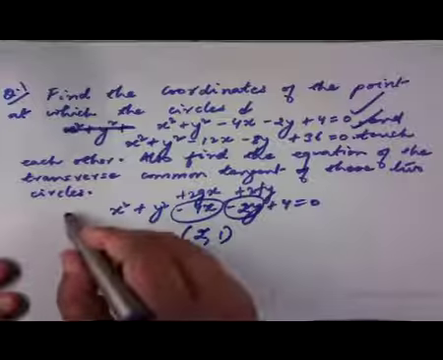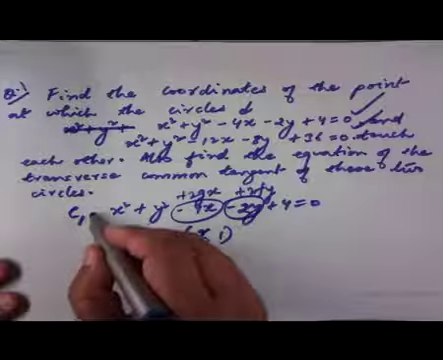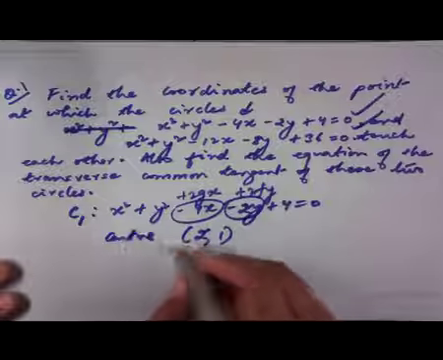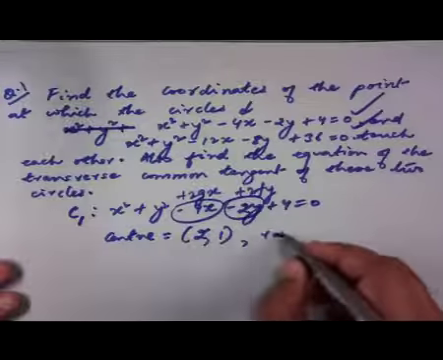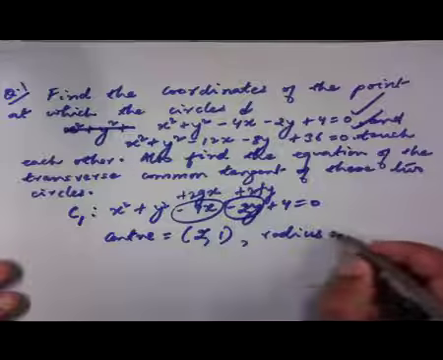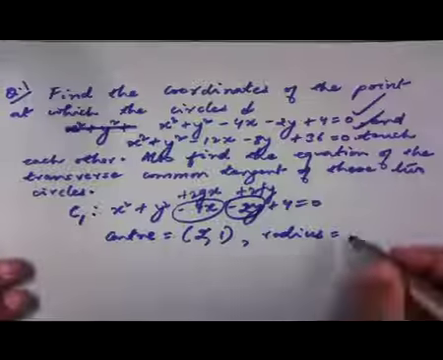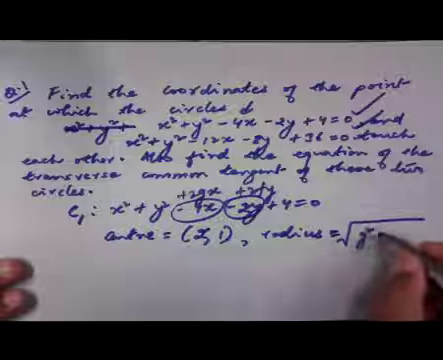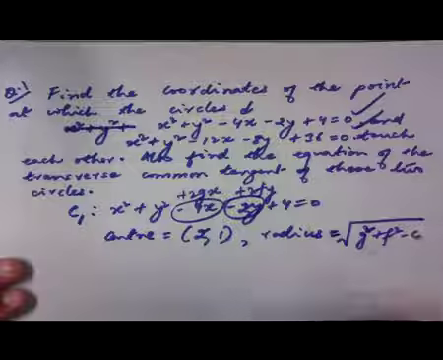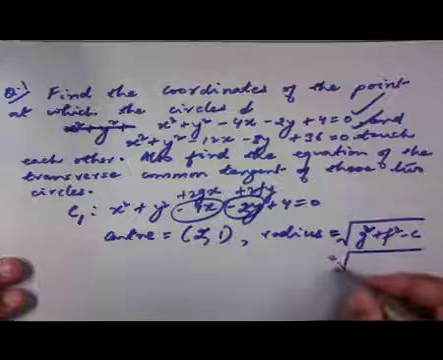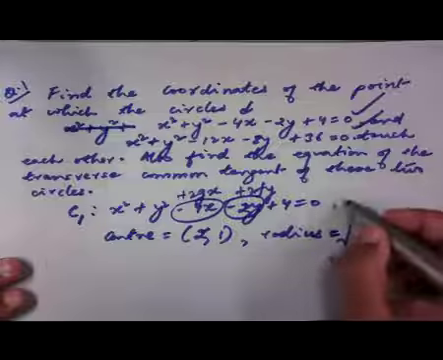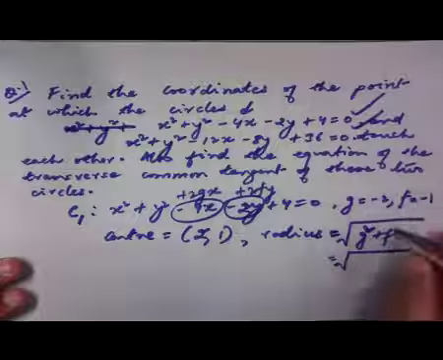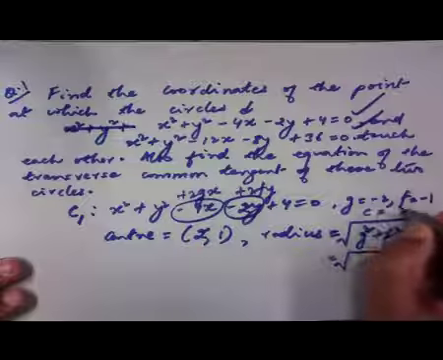We will denote this circle by C1. The radius is of course equal to the square root of g square plus f square minus c. For this we know that g is minus 2, f is minus 1, c is 4.